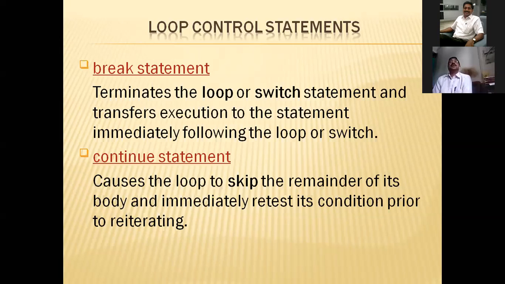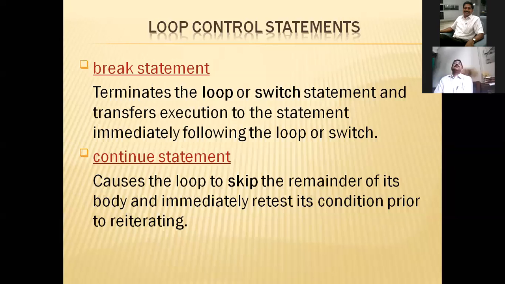Any of the loop statements may be while, do while, for, or foreach. So there are four different loop statements that we know: for and while are entry control, and do while, which is the last, is the exit control statement.